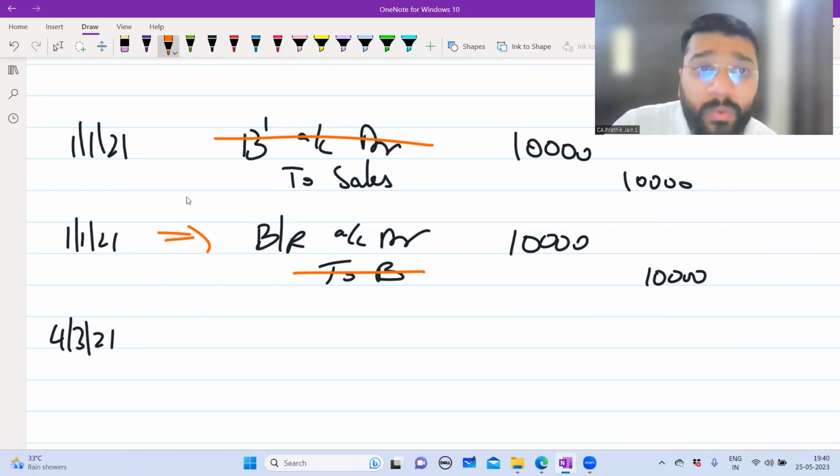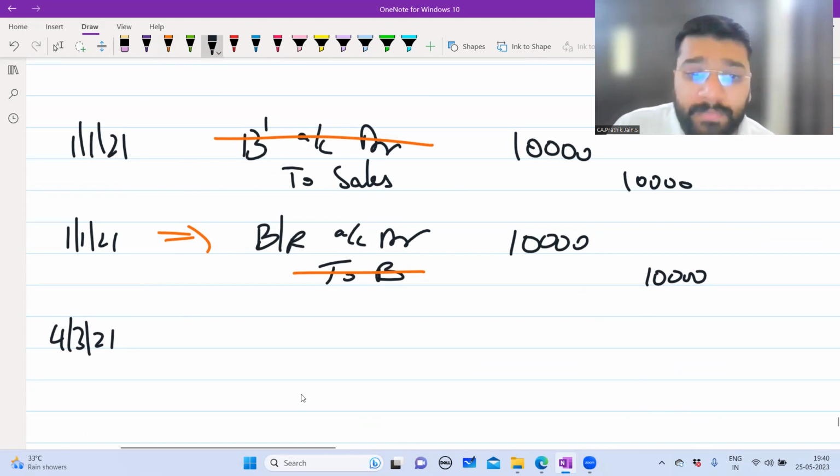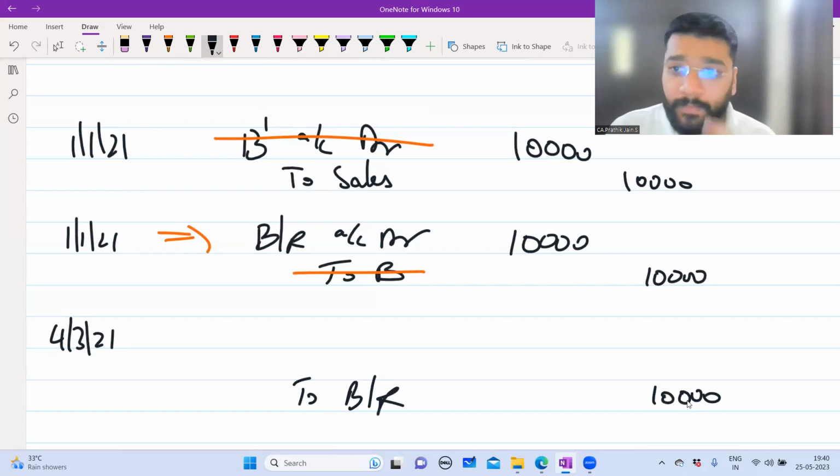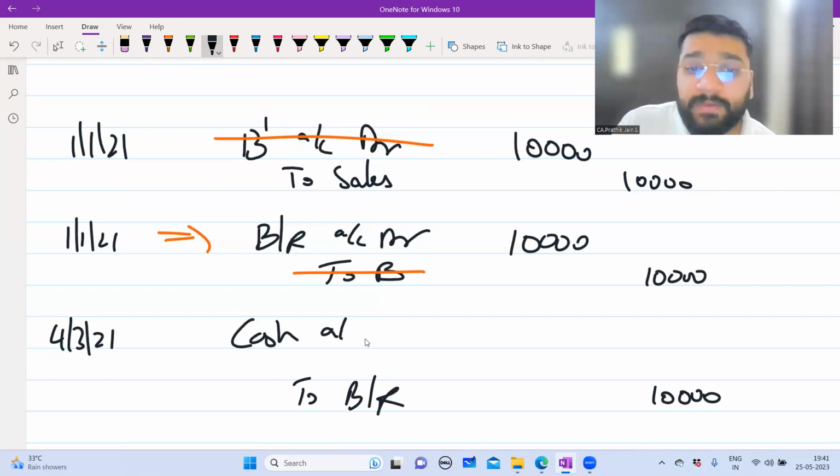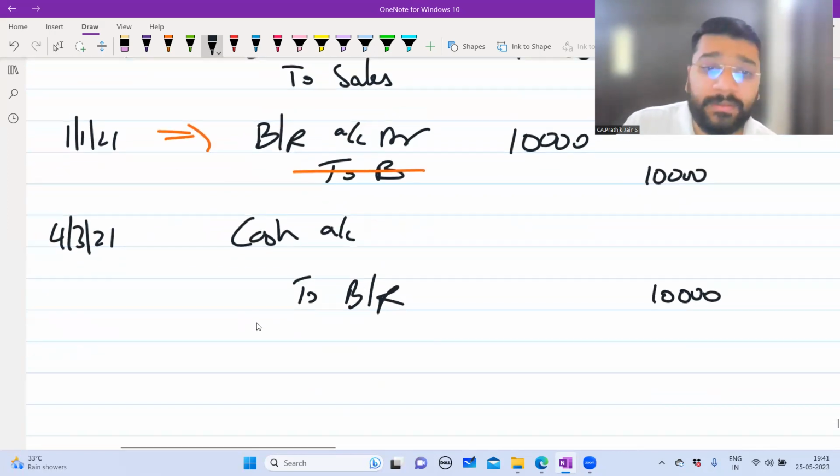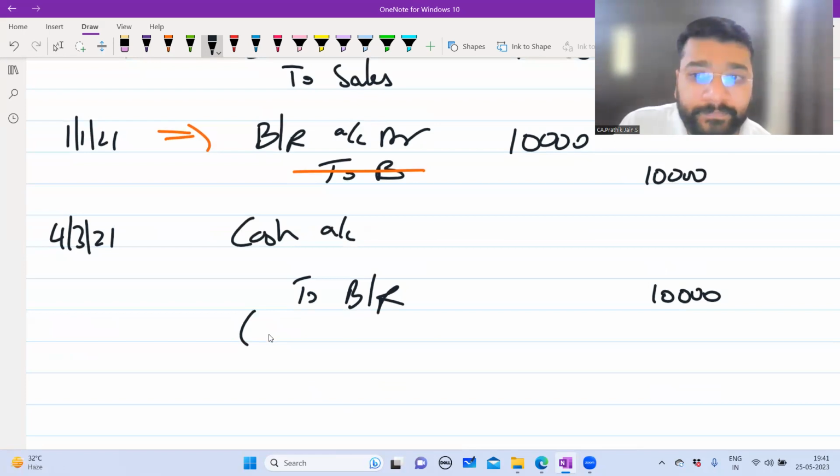So what is the bill worth which is going out? The 10,000. How much is the money that you're receiving? Will you receive the full 10,000 rupees? No. So 10,000 into 6%.